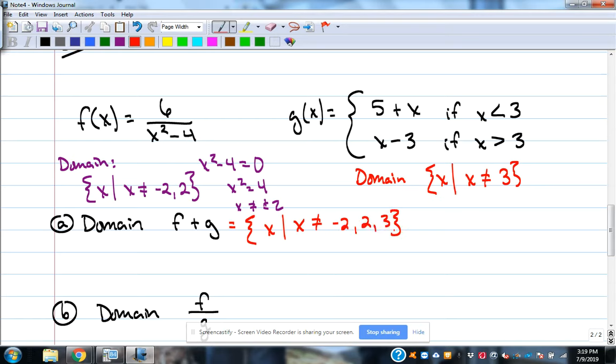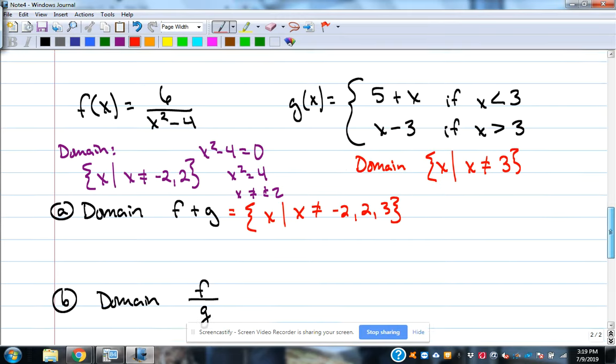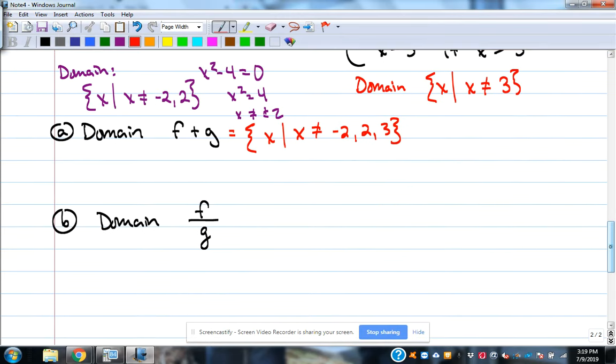That's the domain of the addition. The subtraction would be the same rule. There's no difference in addition and subtraction when it comes to domain. Multiplication would also be the same rule as with addition.